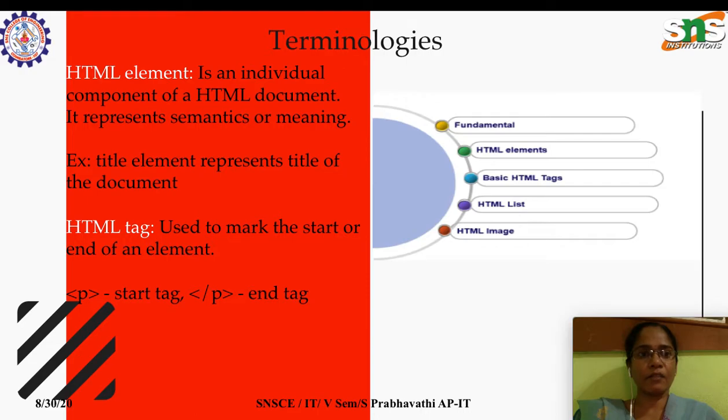The start tag is simply enclosed with angle brackets, whereas the end tag has a forward slash. Today we are going to see some fundamental HTML elements, and the image element also. The HTML list we will discuss in the next session.